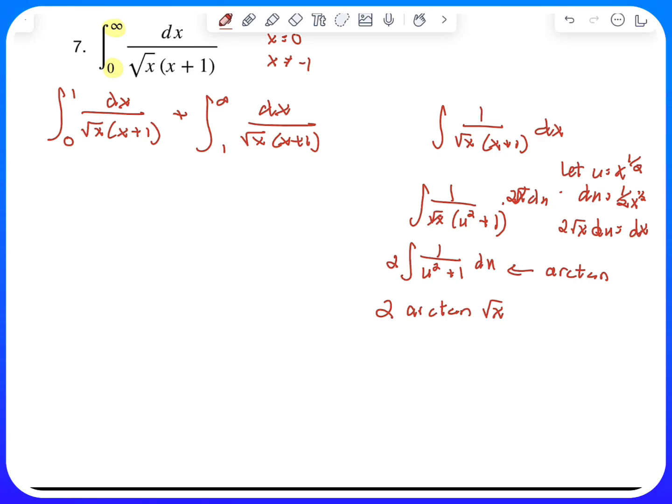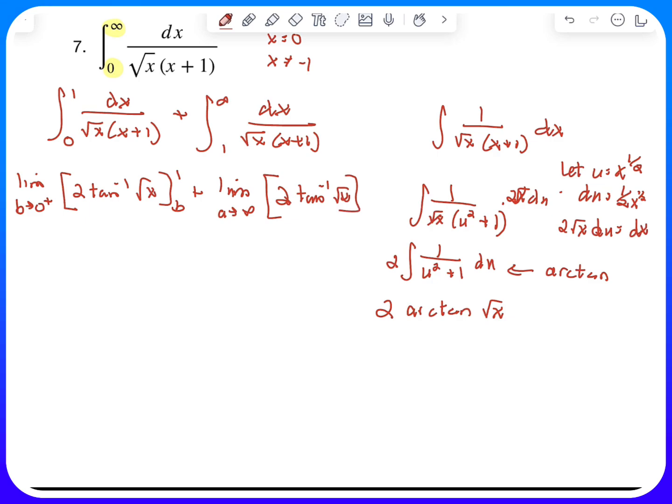So let's plug that back into our limit notation here. This is going to be the limit as b goes to 0 from the right-hand side of our integral from b to 1. So I figured out that improper integral. I'm just going to write 2 arctangent of the square root of x, evaluated from b to 1, plus the limit as a goes to infinity of 2 times the arctangent of the square root of x, evaluated from 1 to a.